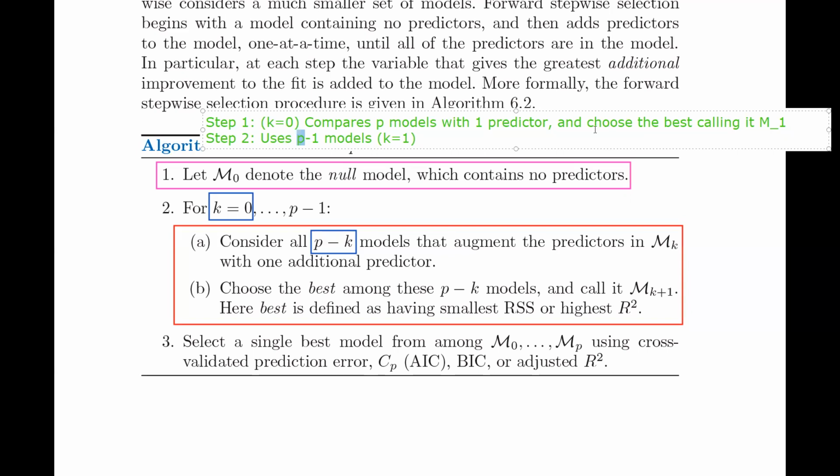So that has been selected now. So when you come around to performing this again, you've already selected one of the predictor variables. And now it's time to choose another predictor variable from the remaining p minus 1. So you would create p minus 1 models. Let me tell you which p minus 1 models.